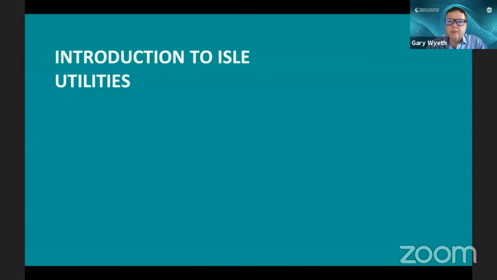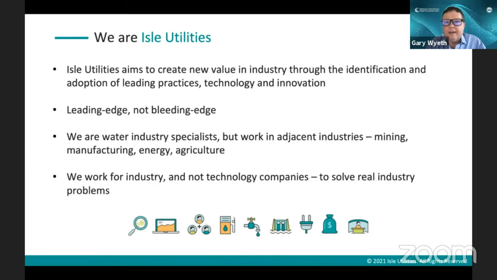IL Utilities is a consultancy company, originally from the UK, but they do have an Australian office that covers the Australia and Asia Pacific region. I'm working out of that office, looking at the leakage and non-revenue water work, mainly in Southeast Asia, but also helping with some of the work in Australia as well.